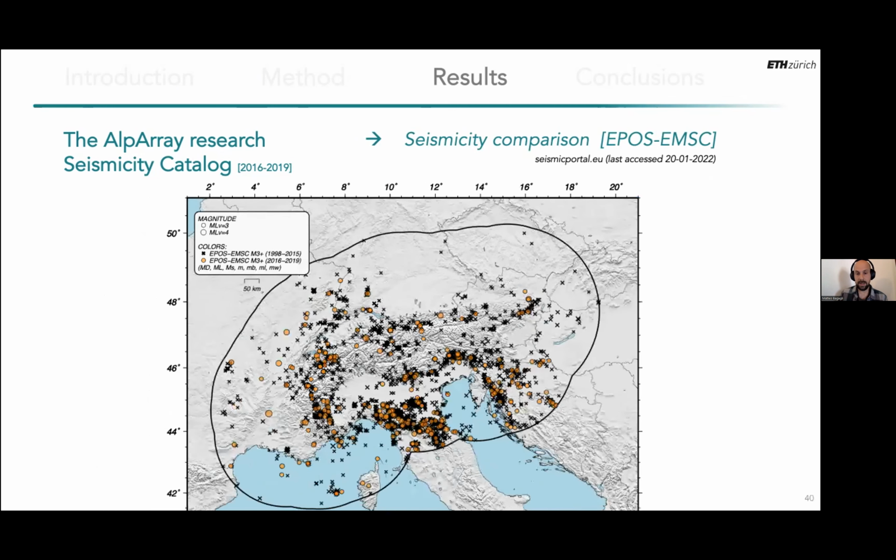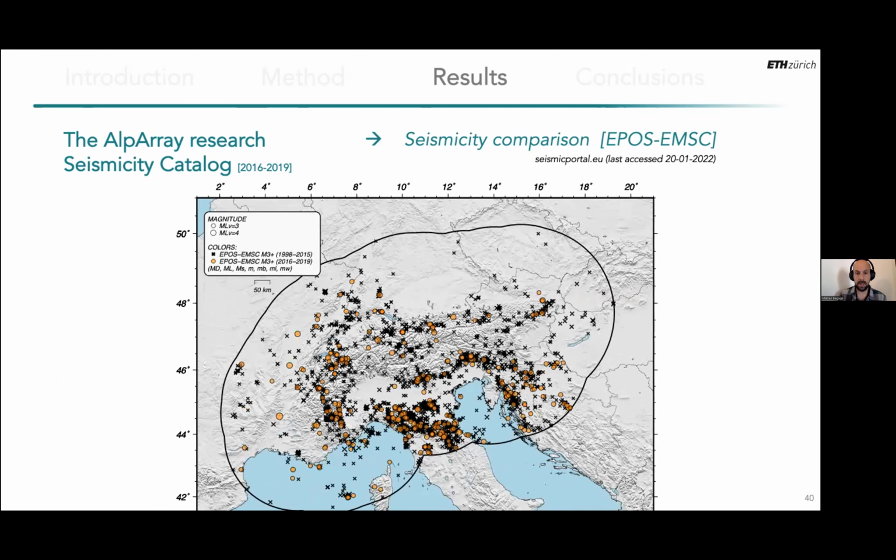On the left here, I'm showing in orange circles the seismicity reported by EMC in the 4 years of the AlpArray project of magnitude 3+. In black crosses instead, you see the reports of the EMC for the longer period seismicity that goes from 1998 to 2015.